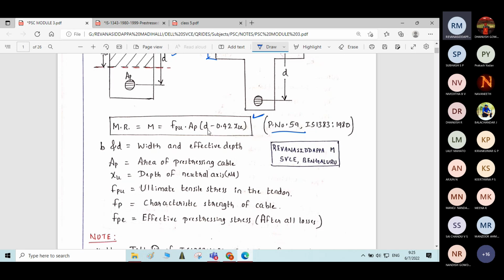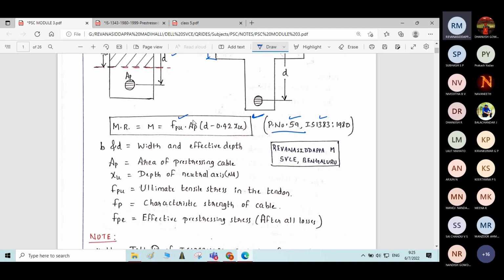M is equal to FPU AP into D minus 0.42 XU, which is given in page number 59 of IS 1383 codebook, where FPU is ultimate tensile stress in the tendon, or ultimate tensile stress in the pre-stressing steel.